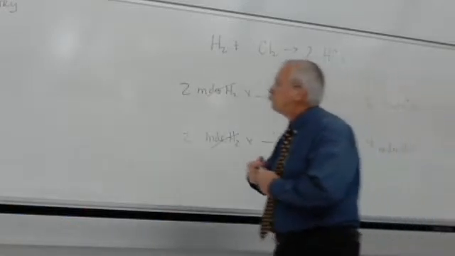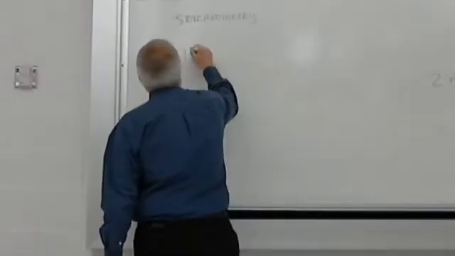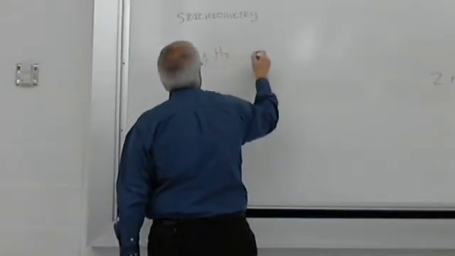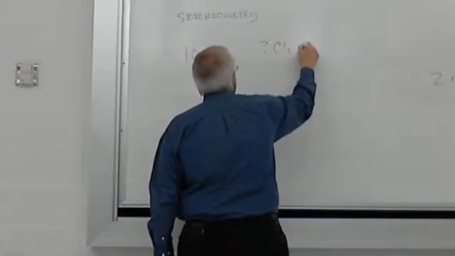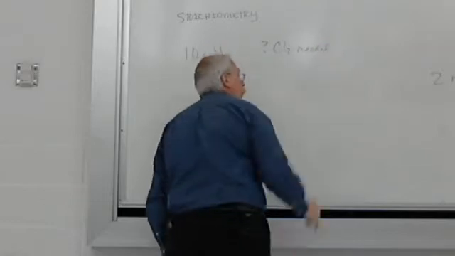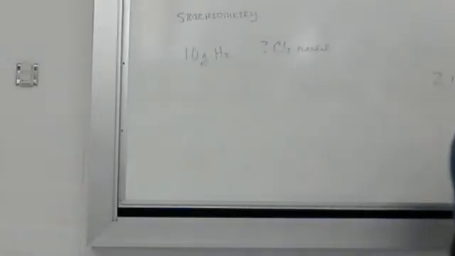So, what if I had said to you, you have 10 grams of hydrogen. How much chlorine is needed? Oh, this is a different problem now. Doesn't say, does it?